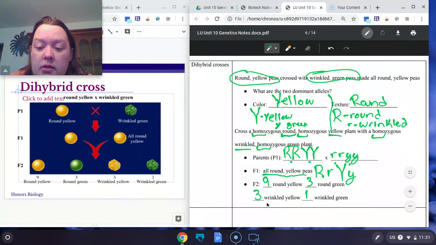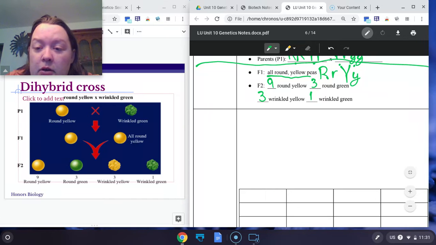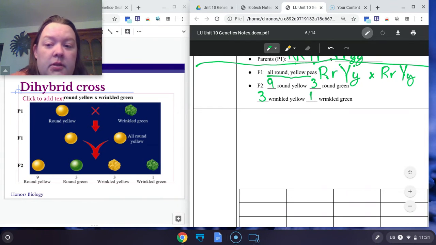When we cross two fully heterozygous parents, so if I was to take a big R, big Y, little y, and cross it with a big R, big Y, little y, I always get 9 completely dominant. I get 3 of the intermediates and 1 that's completely recessive.